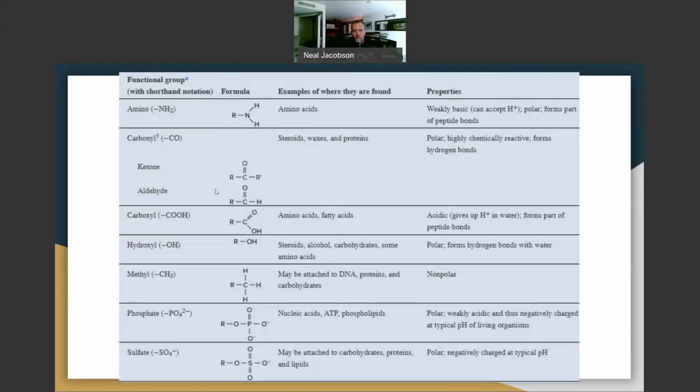And so just a couple of them, right? So the amino functional group is, oh, I should explain this. You're going to see an R, right? You're going to see a lot of R's in all of these. There is no element for R. That's why R is being used here, and with good reason. R represents the bigger molecule.